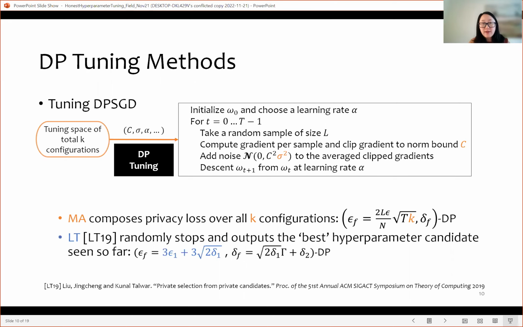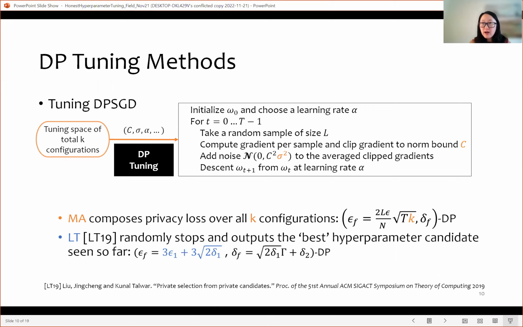On the other hand, there are more advanced techniques known as the LT method, proposed by Liu and Talwar in 2019 in the work on private selection from private candidates. The algorithm runs as follows. For a sequence of K configurations, for each configuration you train the model, and then you flip a coin and decide whether you want to stop there or not. Once you decide to stop, you output the best hyperparameter configuration that you have seen so far.